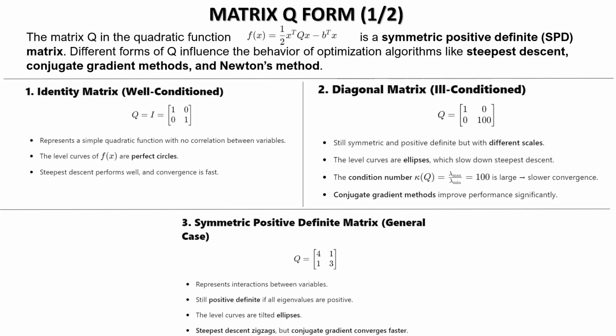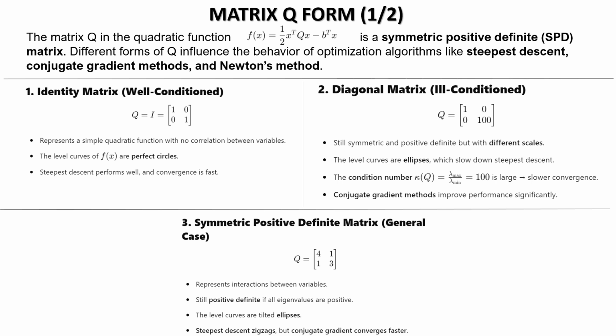Let's consider several forms of different matrix Q, which for sure should be a symmetric positive definite matrix. Different forms of matrix Q influence the behavior of optimization algorithms like steepest descent, conjugate gradient methods, and Newton methods.